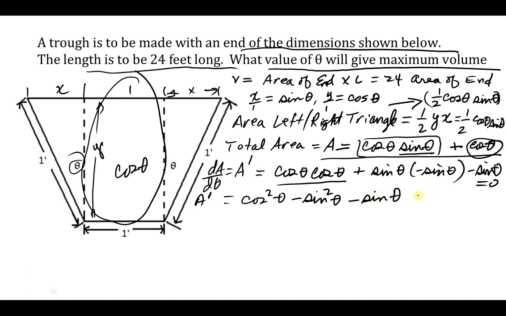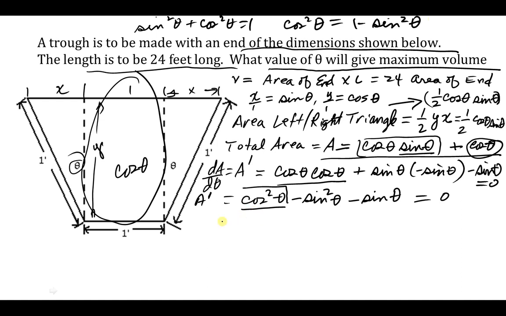And we want to set that equal to 0, so we've got a quadratic trig function. Now, you'll remember that sine square theta plus cosine square theta equals 1. So cosine square theta is equal to 1 minus sine square theta. We want to get rid of either the cosine or the sine, and the easiest way to do it is to get rid of cosine square.